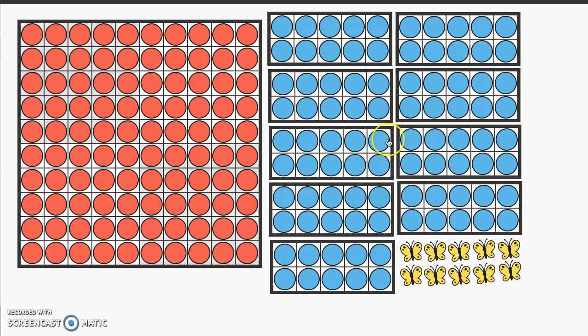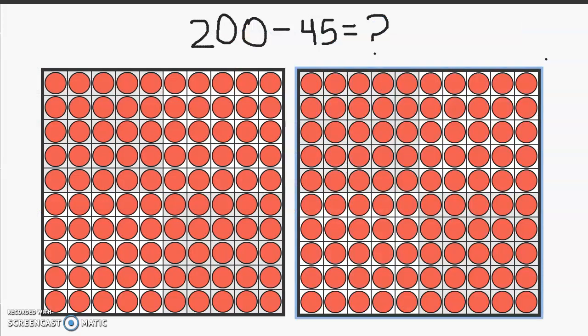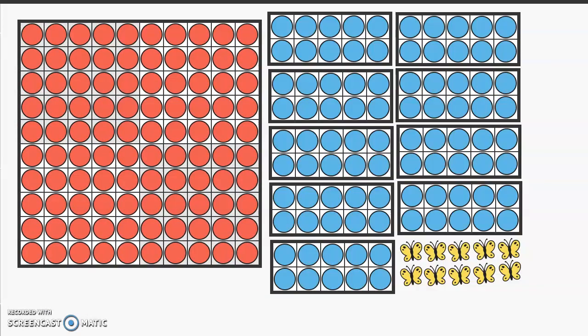So we took the 200 being like this, taking one of those hundreds and making it 10 tens, and from that 10 tens, we took 1 ten and made it 10 ones.